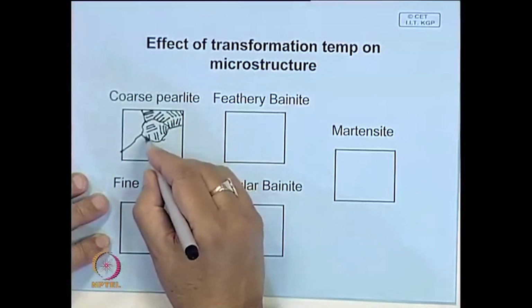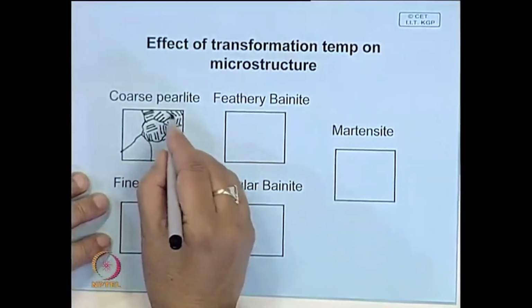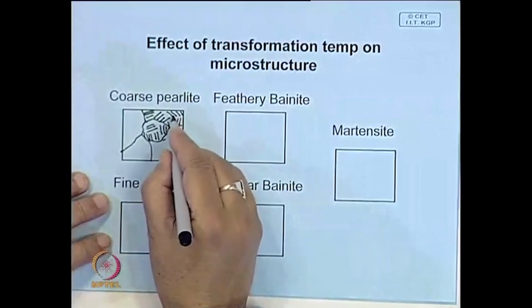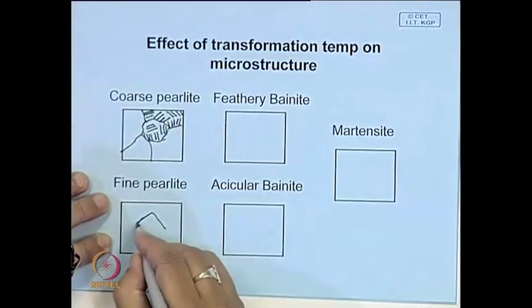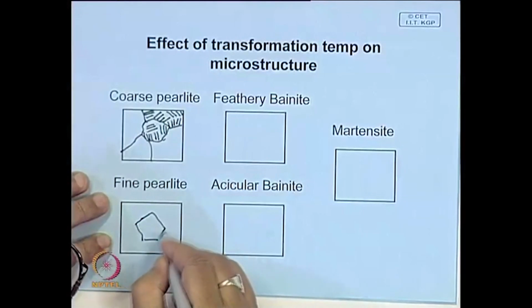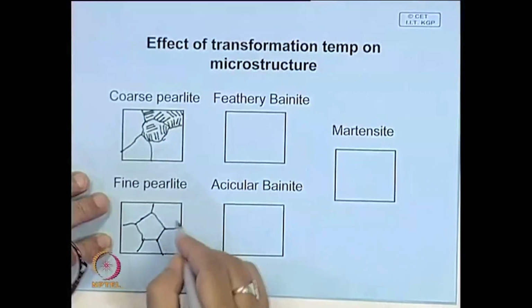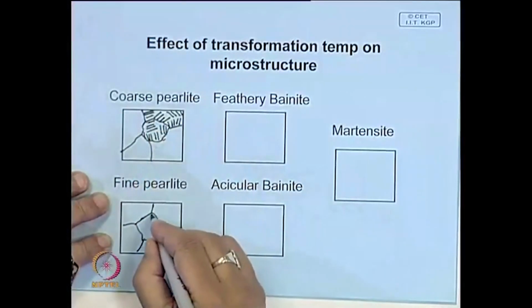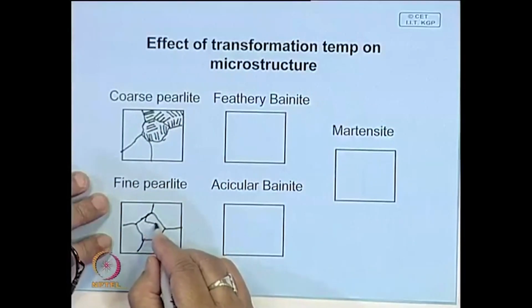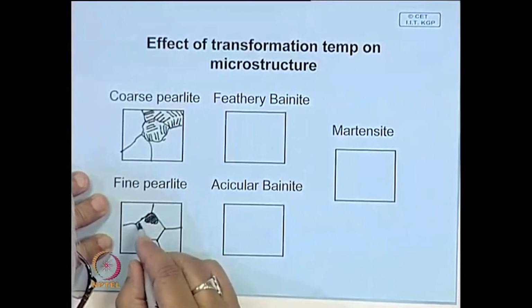The only difference is that in an optical microstructure you may see pearlites resolved, whereas in this case the distance between these plates is so small that it is a very dark region.